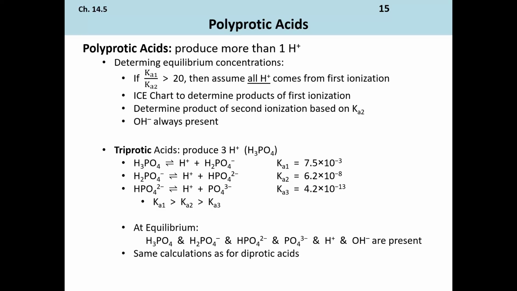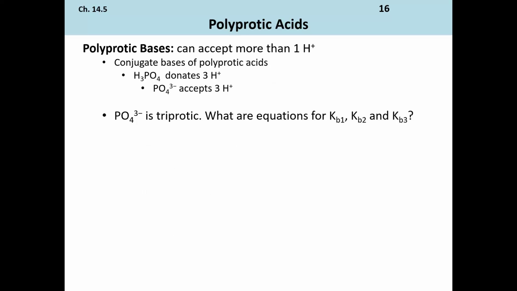And so if a monoprotic acid produces 1 H plus, a monoprotic base will gain 1 H plus. And a polyprotic base will gain more than 1 H plus. All right, so polyprotic bases accept more than 1 H plus.